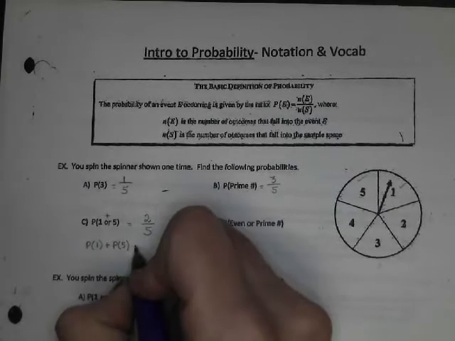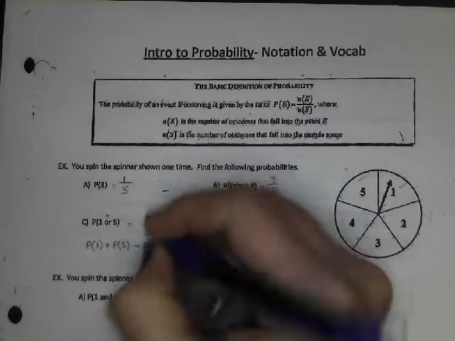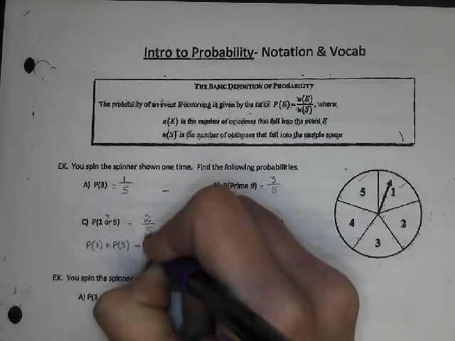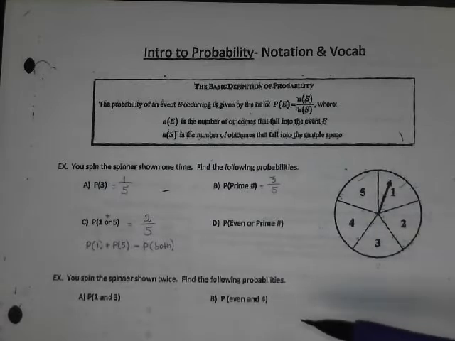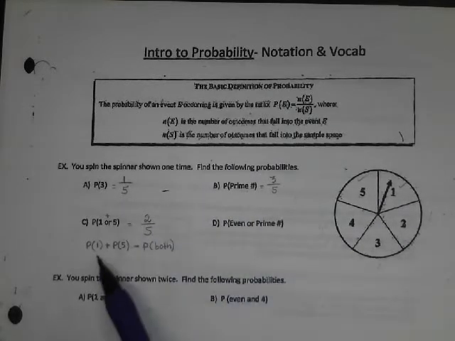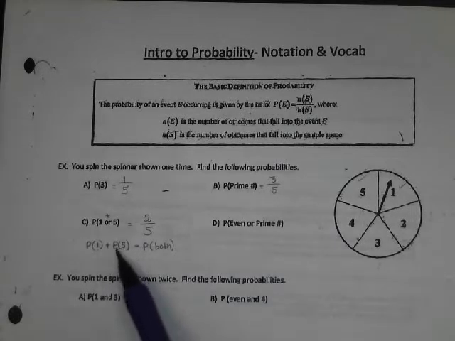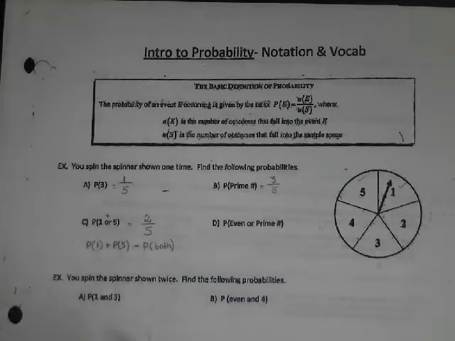It doesn't happen in this particular instance, but you have to subtract away the probability of both things happening. Meaning, if there was something on here that was both a 1 and a 5, which is weird to talk about because that would never happen, but we may see it come up in a second. It would be double counted as in your chances of getting a 1 and your chances of getting a 5. So you would want to subtract it off one time so that it wasn't double counted.